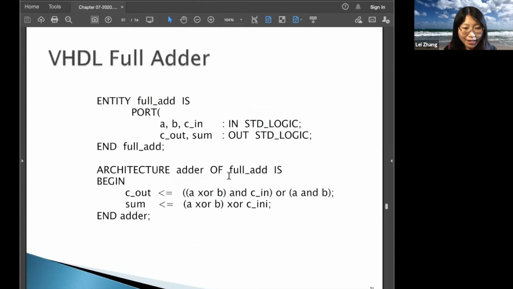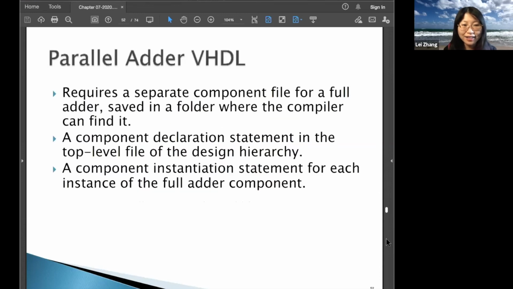So the architecture, for this one, is only a single bit. So it's very straightforward. You just write down the Boolean expression here in VHDL. So pretty simple here. And if we want to use the parallel adder, we will need a separate component.